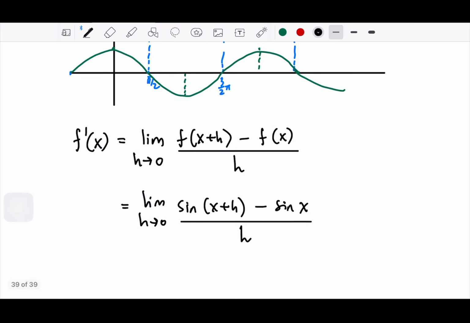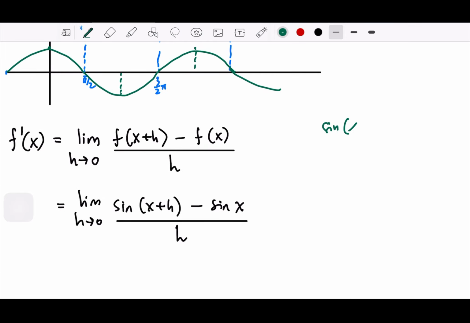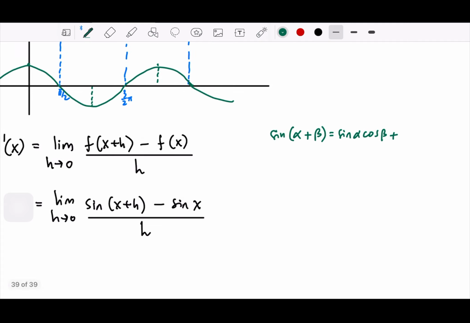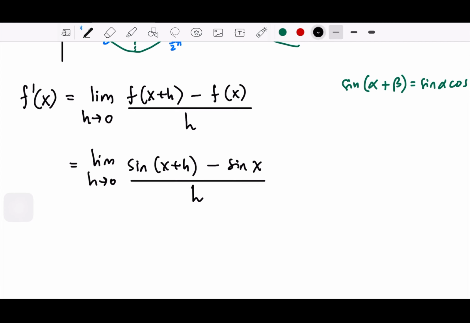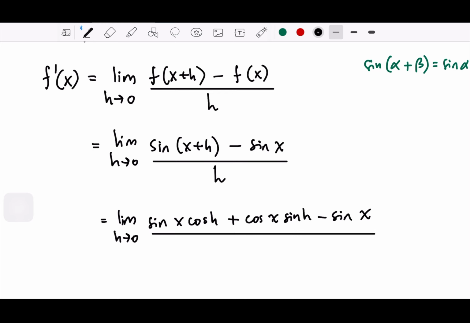Okay. Let's expand sine of x plus h. I hope you still remember, we have sine of alpha plus beta. This will be sine alpha cos beta plus cos alpha sine beta. So this will be equal to sine x cos h plus cos x sine h minus sine x, divided by h.